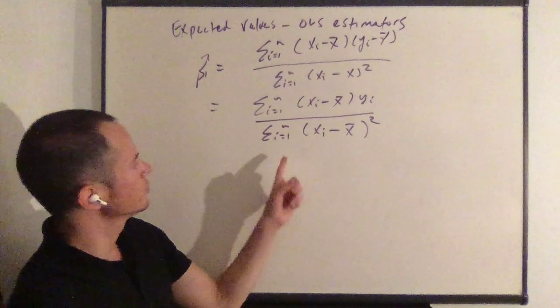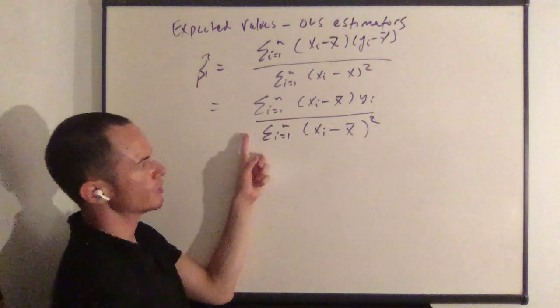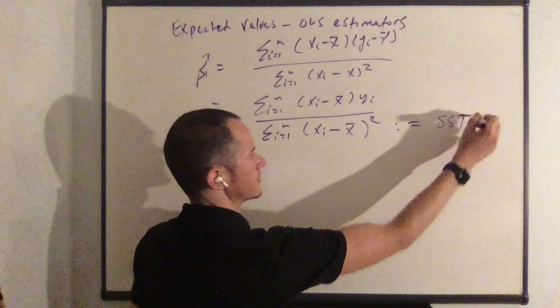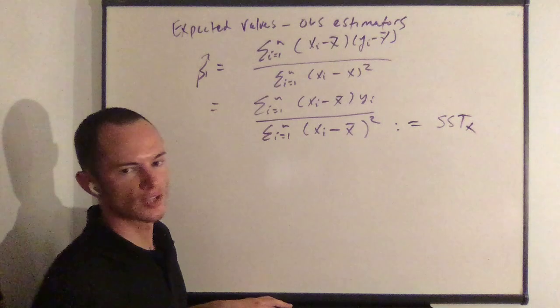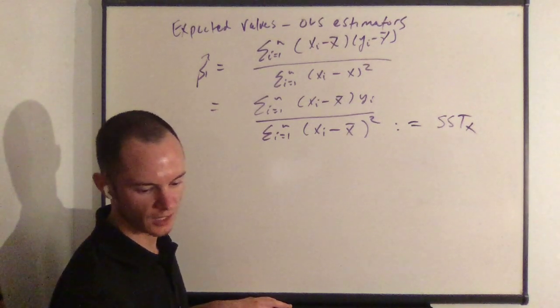Now I want to write the denominator, I'm going to just denote this as the total sum of squares in x. That's just the variance in the xi.